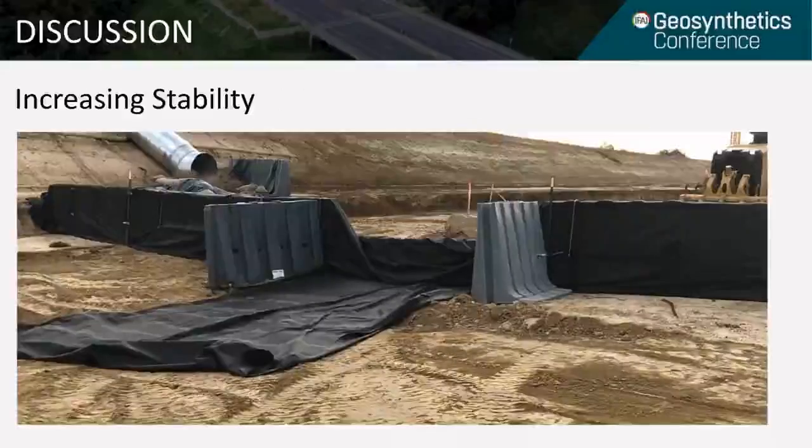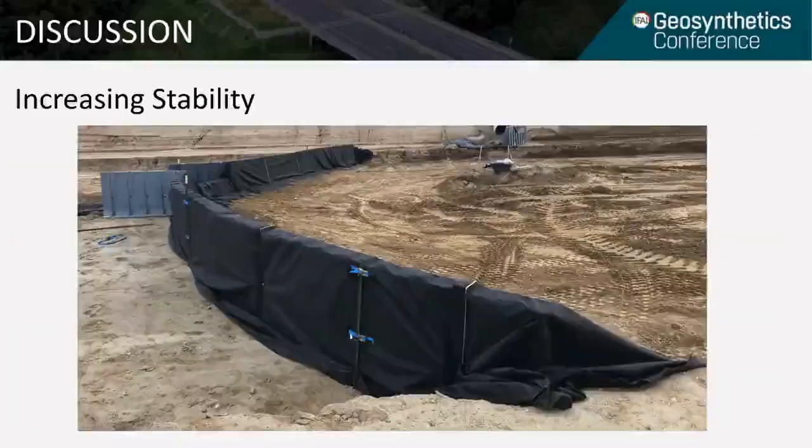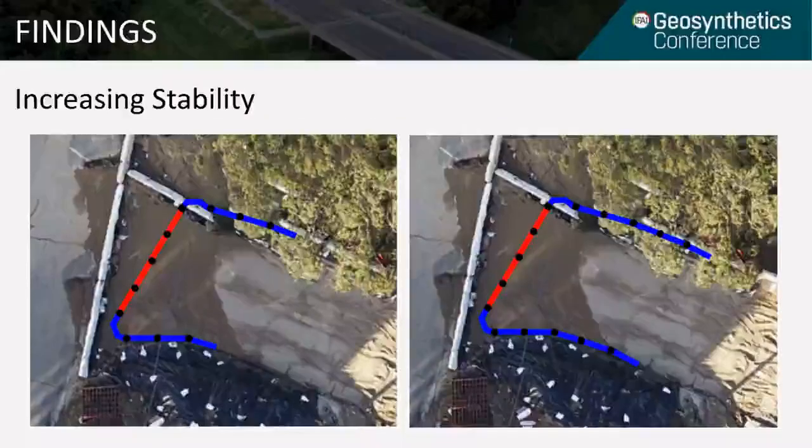To increase stability, additional water-filled barrier walls, or K-rail, can be placed perpendicular to the alignment, as shown here. For horseshoe-shaped basins, additional water-filled anchor walls can be placed on each end, and if enough anchor walls are used, some barrier wall pieces in the middle of the basin can even be left unfilled.